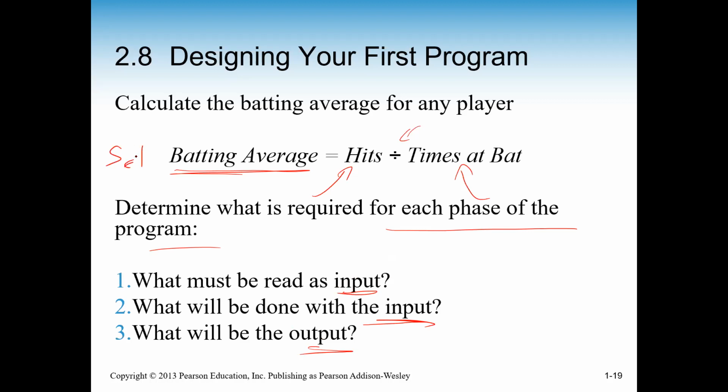So set batting average given hits and times at bat. And then the output would be displaying, what do you display? The batting average, maybe with some string literal that says batting average, like that. So you're going to have a print statement of some kind or display.